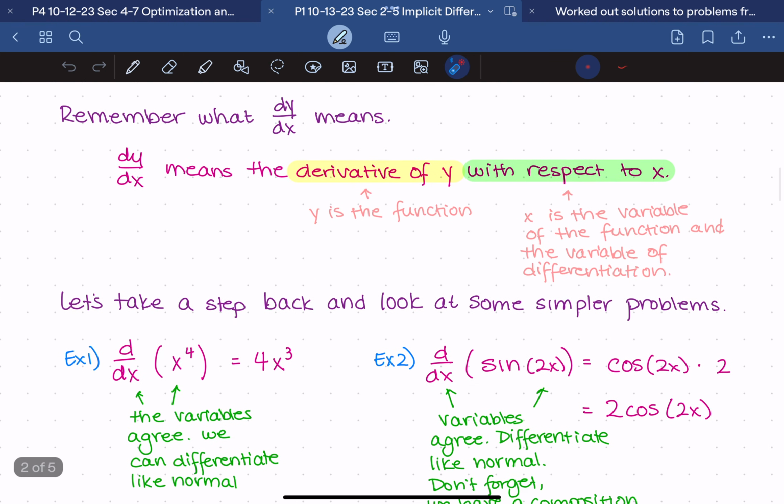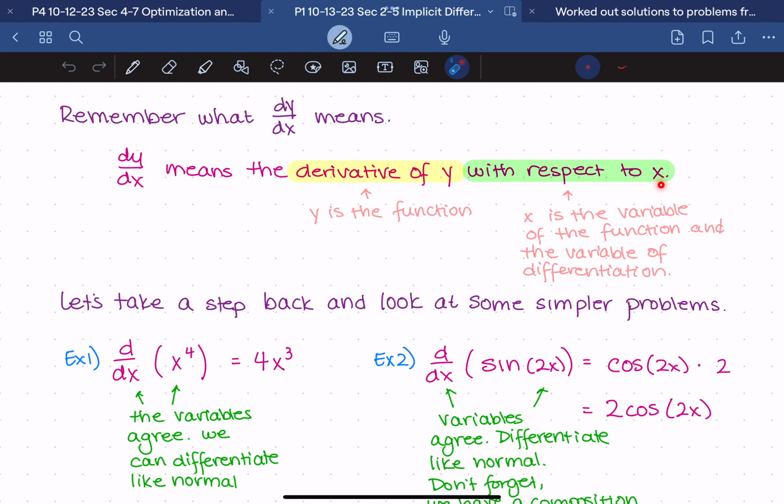So let's remind ourselves, first of all, what dy dx means. dy dx literally means the derivative of y with respect to x. When we say the derivative of y, that means y is the function.